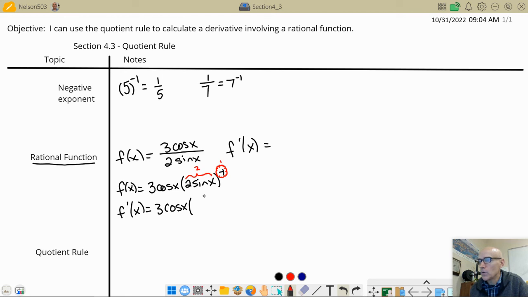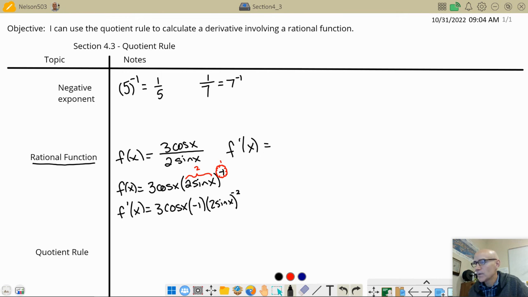That's my layer 2, right? So let me bring the negative 1 down here, and then I'm going to leave the inner function alone, 2 sine x, and then I'm going to reduce the power by 1. So that's now negative 2, right? Then I have plus, because the product rule works like this. Oh, wait a minute.